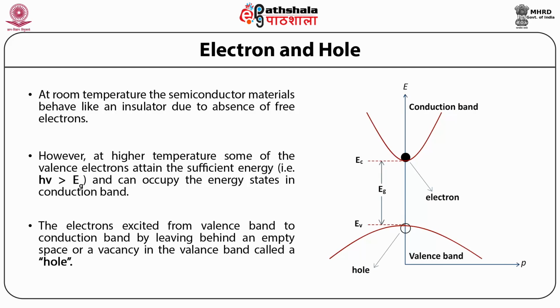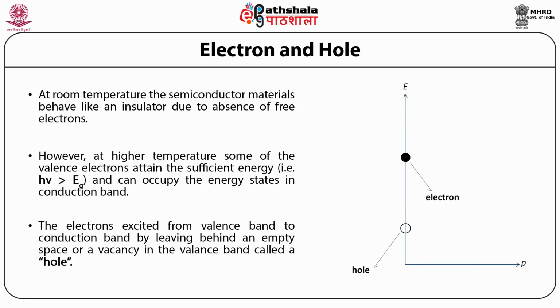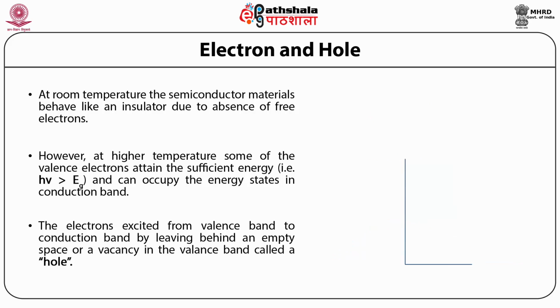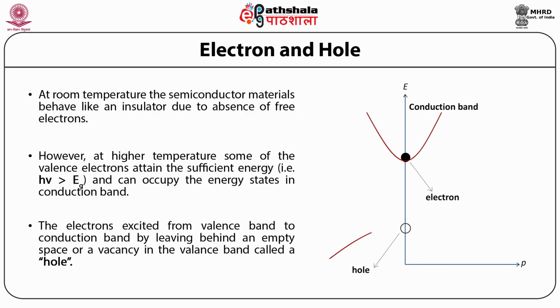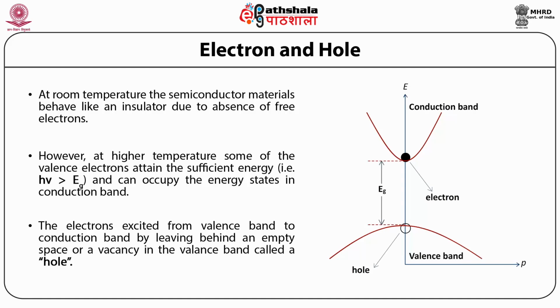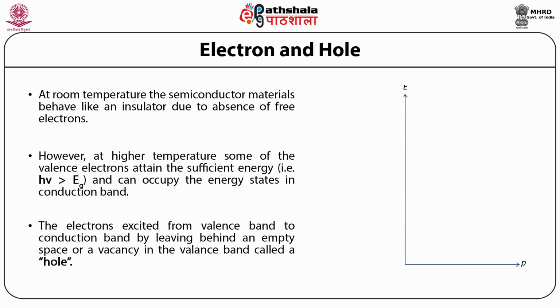Hence, the total current flow in the semiconductor is due to both the electrons in the conduction band and holes in the valence band. So the motion of electrons and holes in the semiconductors in the presence of an applied field differs from the particles in free space.